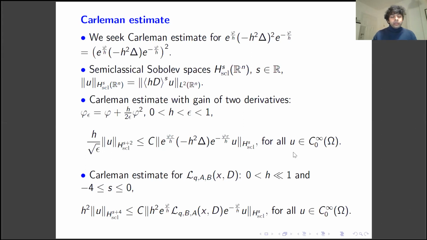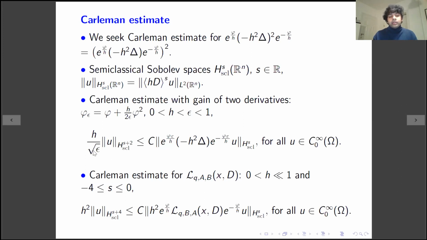I also want to emphasize one more fact here. We are considering this phi epsilon, the convexified weight function. That's why you get this factor h by root epsilon. We need it because we will apply this estimate two times on this operator, so we get a square by epsilon estimate.